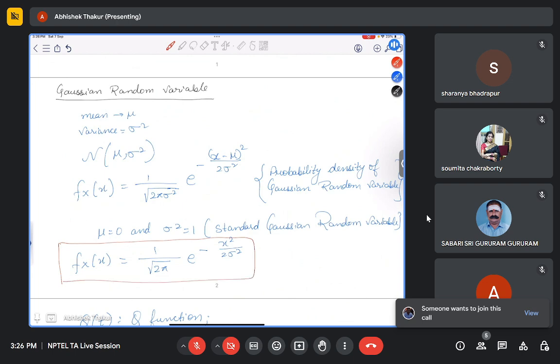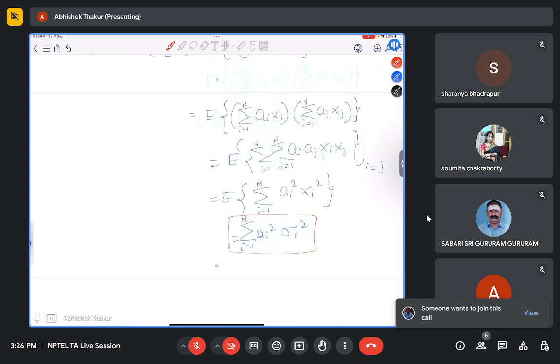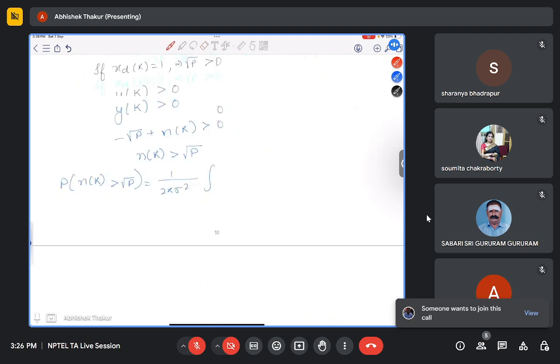So we will use the same equation. This is the probability density function, so the integration will be the probability value. So this will be the integral from square root of p to infinity of e to the power of minus t square by 2 sigma square dt.